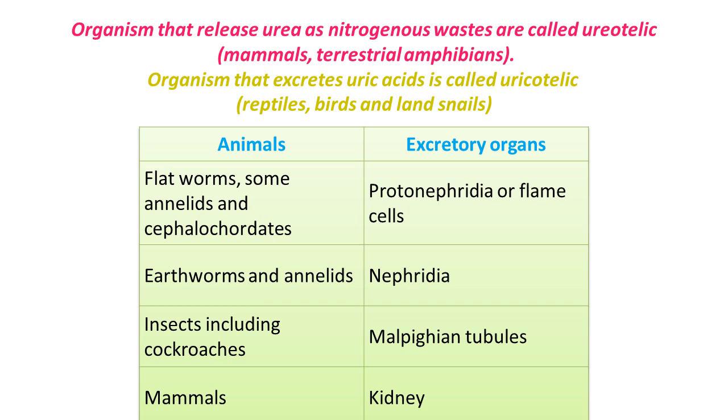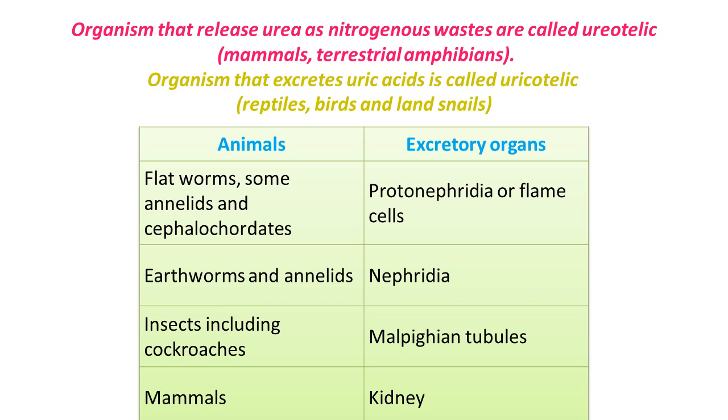Antennal glands or green glands perform the excretory function in crustacean species like prawns. As we know about our body, we are higher animals, we are vertebrates, and we possess a pair of kidneys. So in mammals, a pair of kidneys is the main excretory organ.